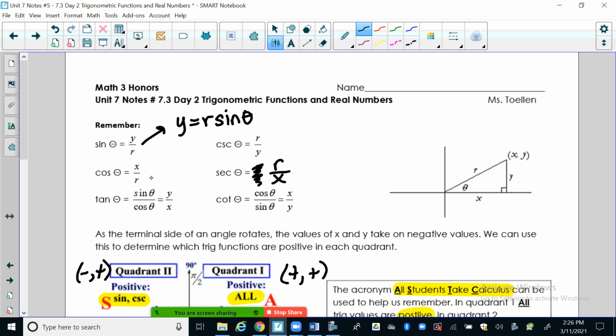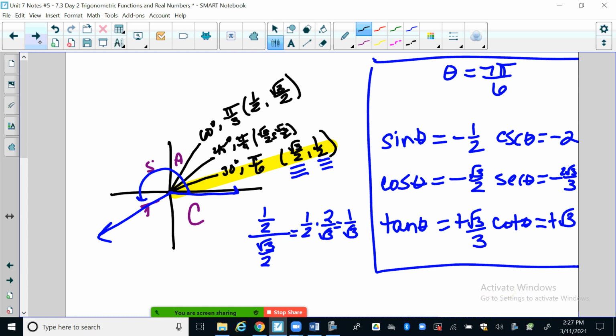And for our x coordinate, cosine theta equals x over r, so if we solve for x, it's r cosine theta. But in this case, the radius value is 1 because it's the unit circle. So my x coordinate is just cosine theta, and my y coordinate is sine theta. And again, this is review from our lesson on Tuesday, but I know it was still fresh, so it's good to repeat.